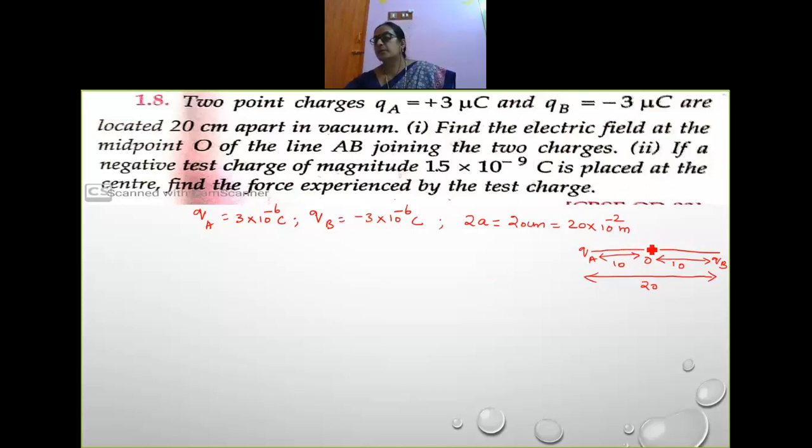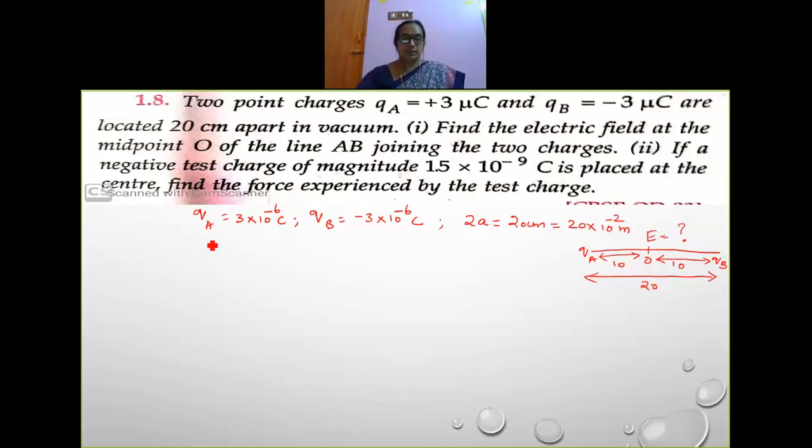So this is a midpoint. I need to find out what is the electric field at this point, right? Of the line AB joining the charges. So again we'll go for the formula. What is the formula here? Now here it is, EA is equal to, once again, 1 by 4 pi epsilon naught Q by R square. Here the electric field due to a point charge you should write. So it is R square.